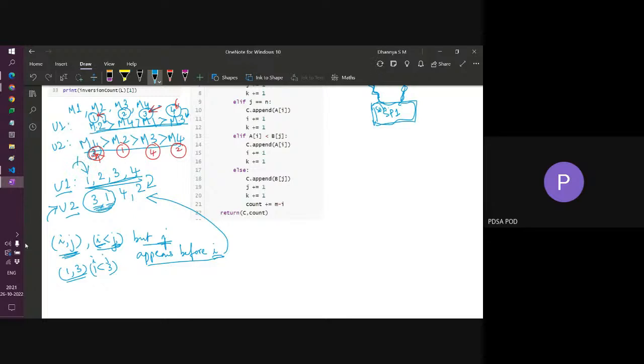For U1, 3 is anyway coming after 1 because our sequence is 1 to n. U1 prefers 1 to 3. For U1, the movie represented by 1 is definitely a better favorite than the movie represented by 3. Whereas for U2, the movie represented by 3 is a better favorite than the movie represented by 1. So it is something like an inverse of what U1 prefers. Therefore, we call such a pair an inversion. Is the definition of inversion clear?